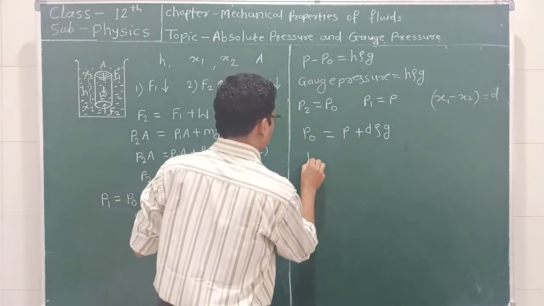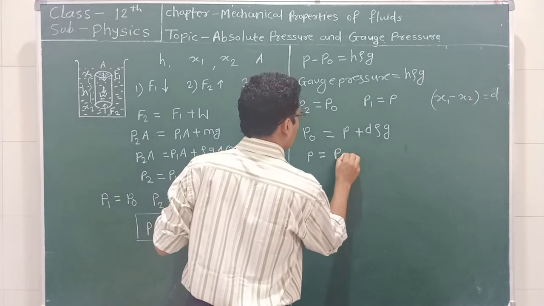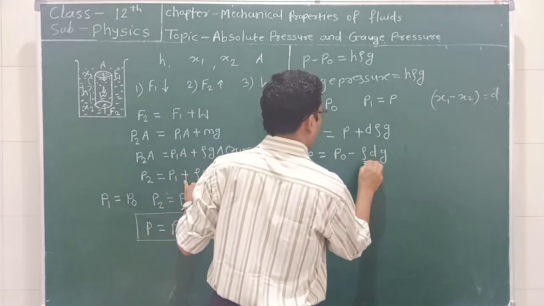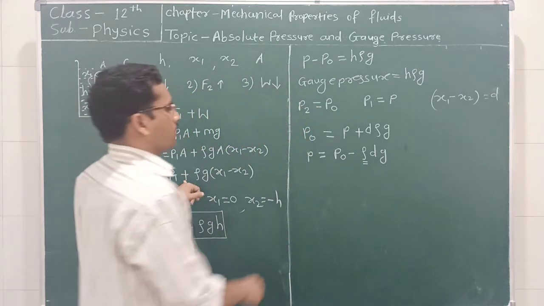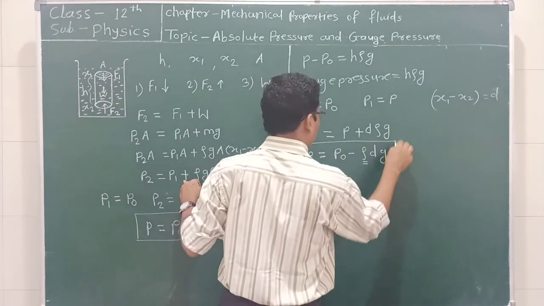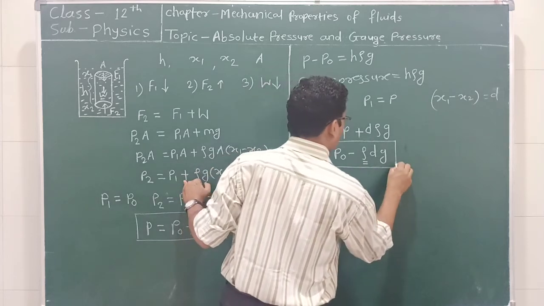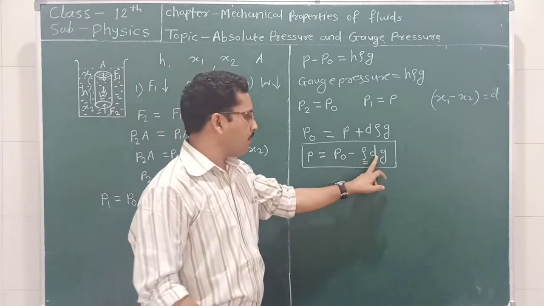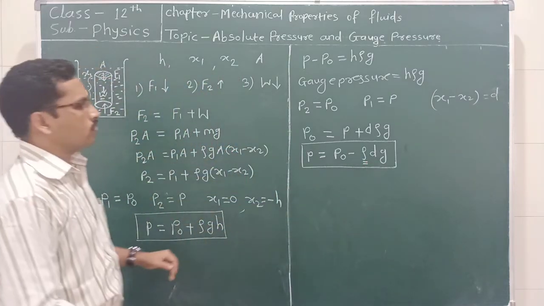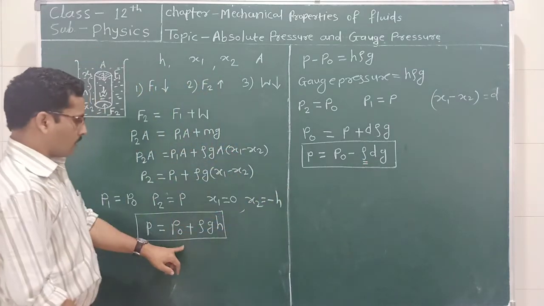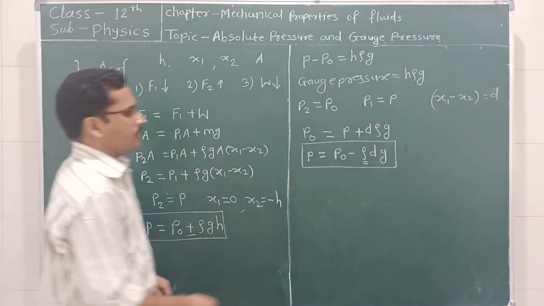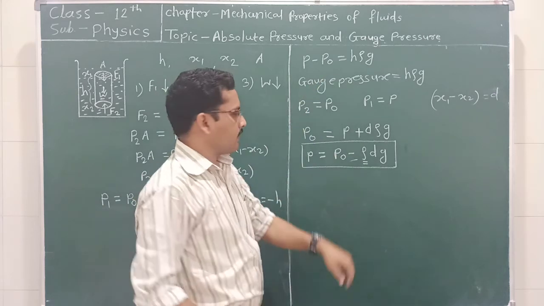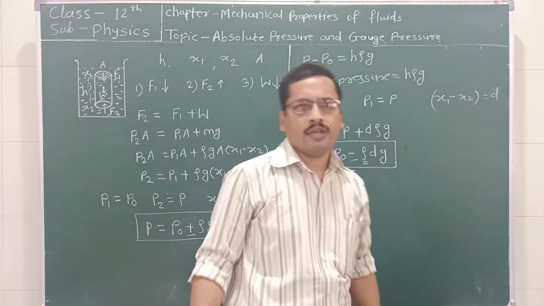So we can write P is equal to P0 minus rho D g. Here rho is the density of the air. So in this case we determine the pressure of a point placed at height D above the free liquid surface. In one equation there is a plus sign and in the other a minus sign, which indicates that as we go in the upward direction the absolute pressure goes on decreasing.